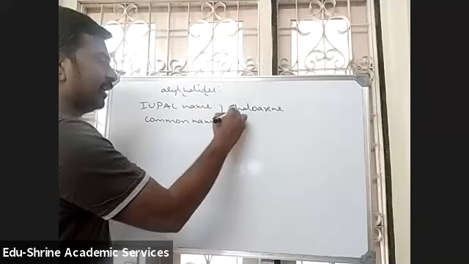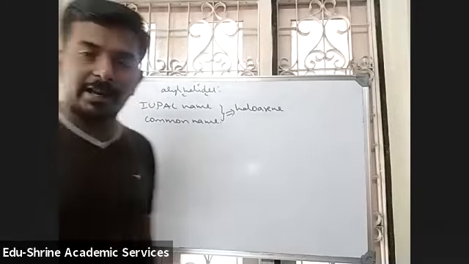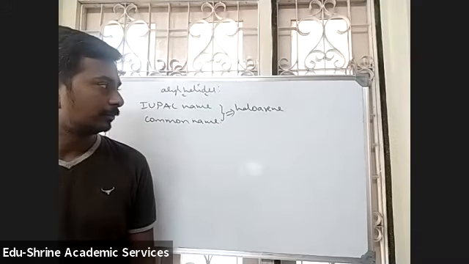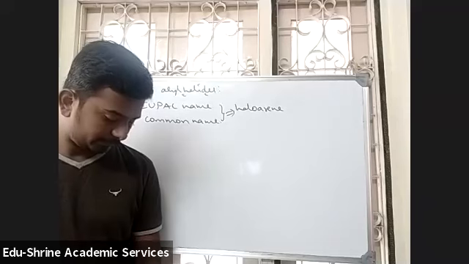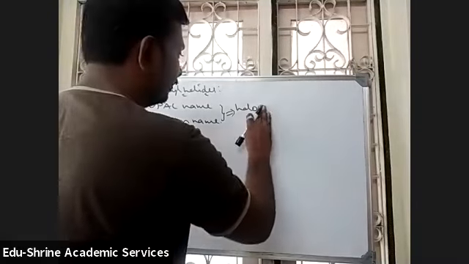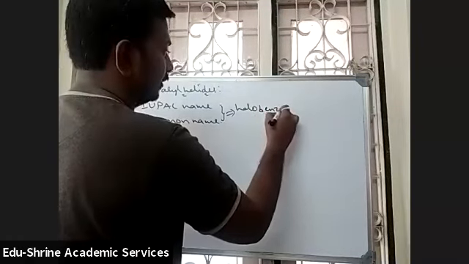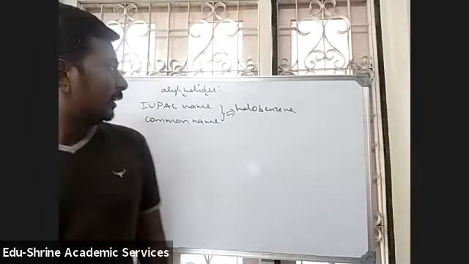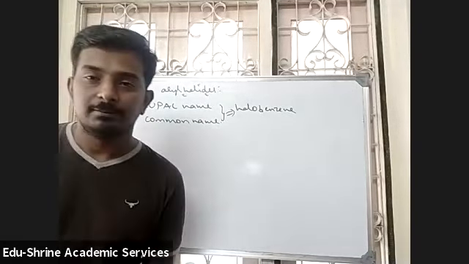So both the IUPAC name and common name are haloarene for aryl halides. Haloarene means halobenzene. Halobenzene is the common name as well as the IUPAC name.